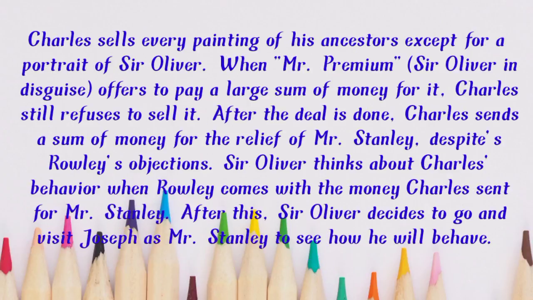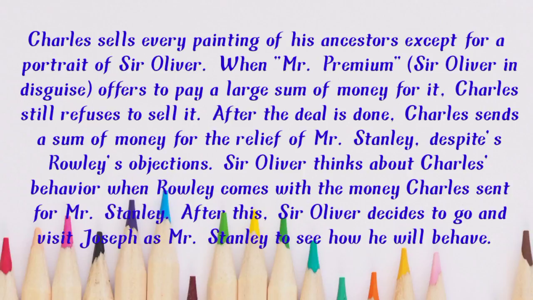Then Act 4 begins with Charles selling every painting of his ancestors except for the portrait of Sir Oliver, even when Sir Oliver, disguised as Premium, offers to pay a large sum of money for it. Charles still refuses to sell it.